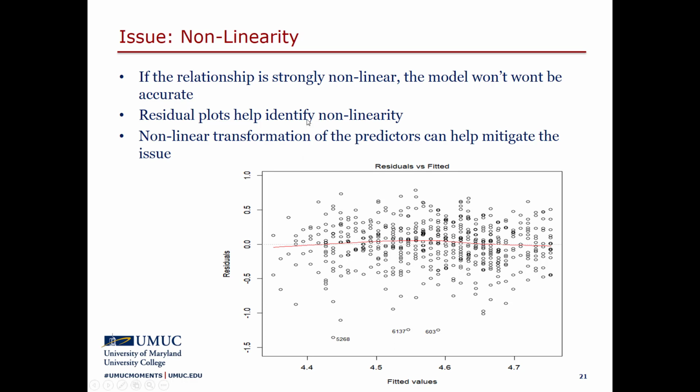But if that relationship is strongly nonlinear, even though very rarely is a relationship purely linear, linear regression still works fine if it is not overly nonlinear. If you have a strongly nonlinear relationship, then the model won't be accurate. You're violating the assumption on which linear regression was built, and it won't be a good fit.